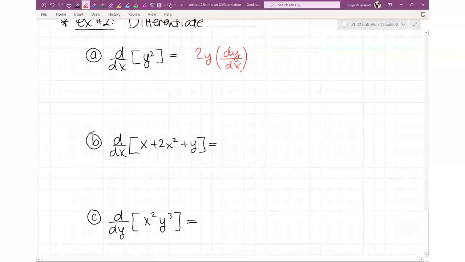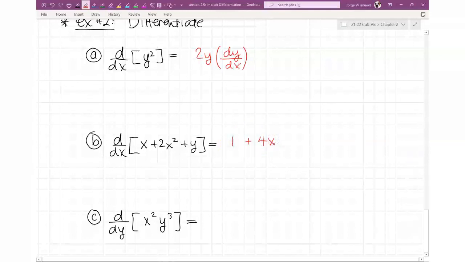Okay, now for part B, I'm taking a derivative of x plus 2x squared plus y with respect to x. Notice there are 2 x variables there out of the 3, so 2 out of the 3 will not require me to do a dy dx, as we call it. The derivative of x is 1, the derivative of 2x squared is 4x.